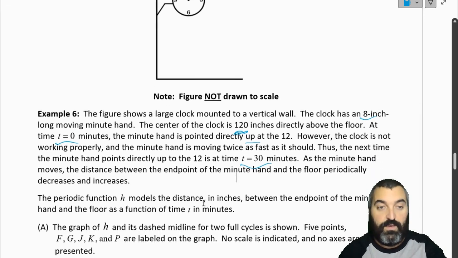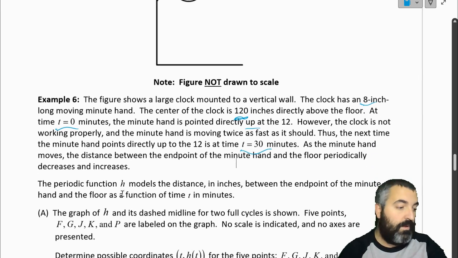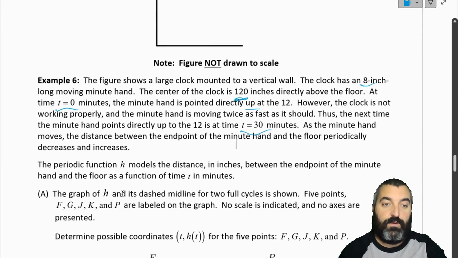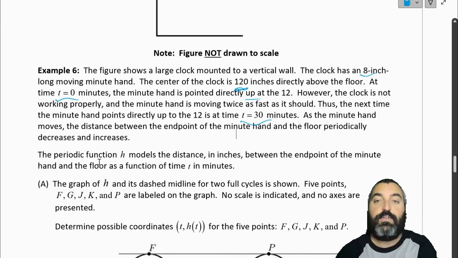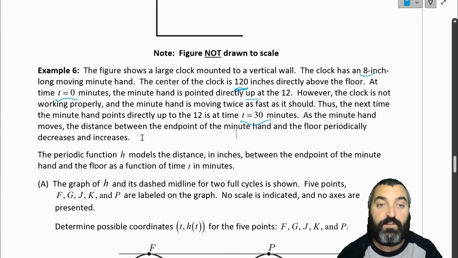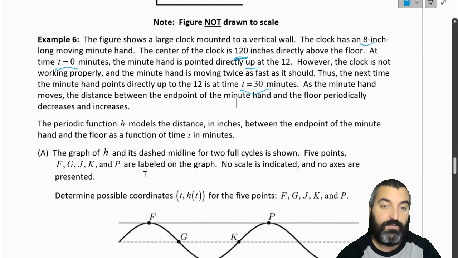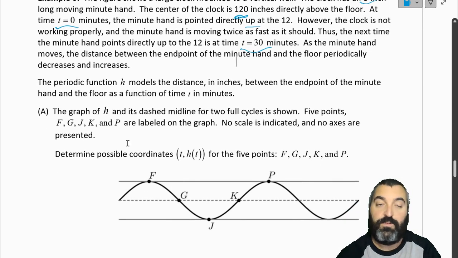All right, so what they want us to do here, they are telling us it's a periodic function, right? The periodic function h models the distance in inches between the endpoint of the minute hand and the floor as a function of time t in minutes. The first question is going to give you a very similar looking graph and ask you to determine some possible coordinate points.